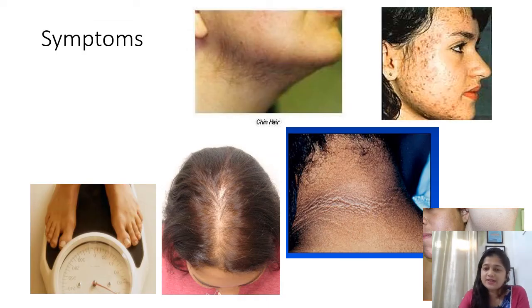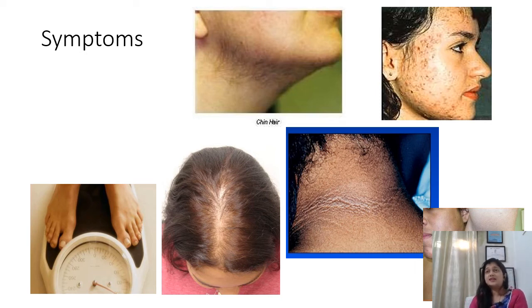Now, what are the symptoms that the patient can present with? So the symptomatology is directly related to the age that the patient comes to you. Like a younger girl who is 13 or 14 years will present with initial symptoms of delayed menses, or the mother will complain that there is amenorrhea since the last 6 months and now there is bleeding since the last 3 weeks. She's passing clots with abdominal pain and severe breast pain.